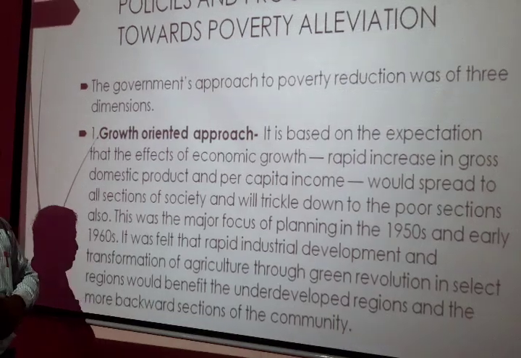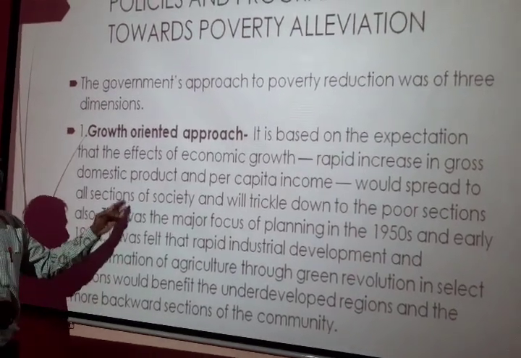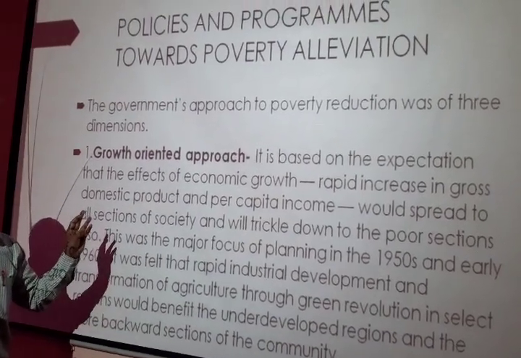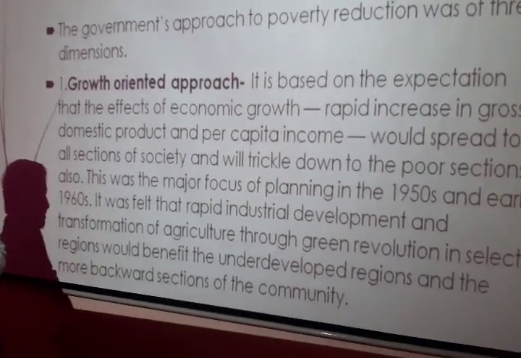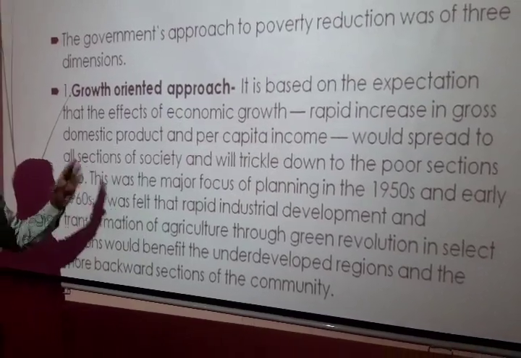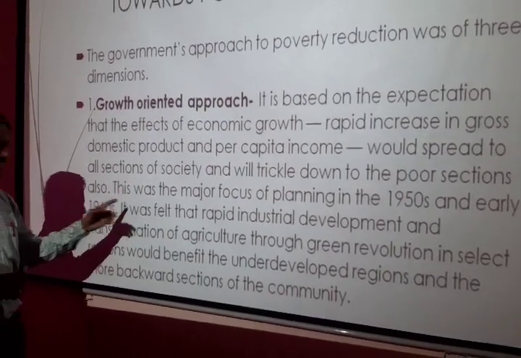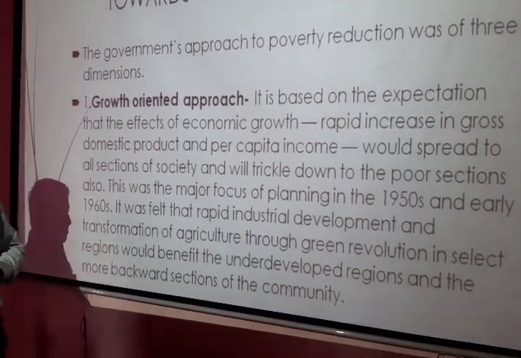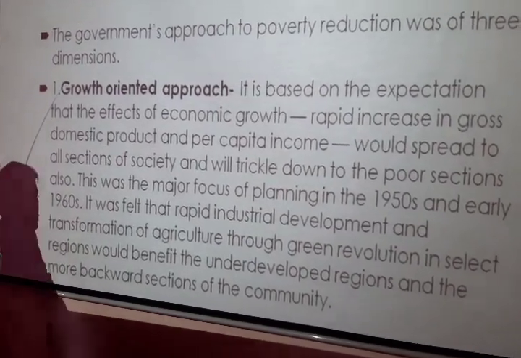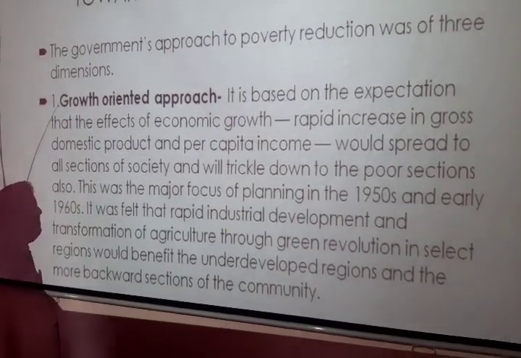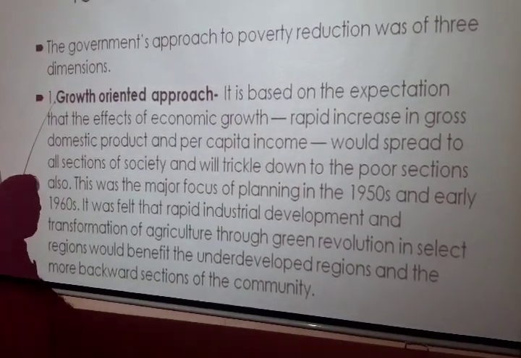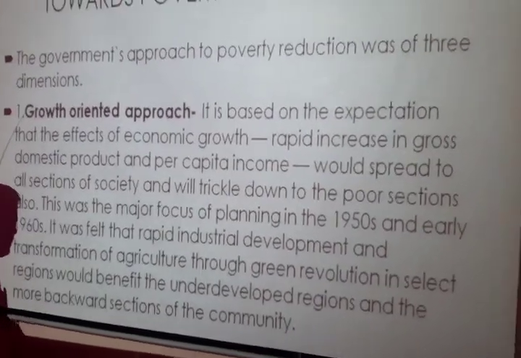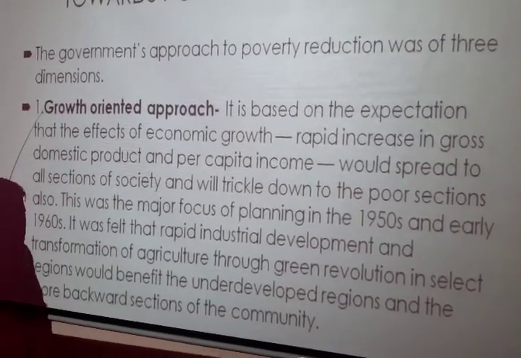GDP of the economy. You know GDP consists of the contribution of three sectors: primary, secondary and tertiary sectors. If the government improves the primary sector, that is the agriculture sector, the secondary sector, that is the manufacturing sector, and then the service sector, then we can increase the growth rate and ultimately achieve the target of reducing poverty. So how to improve the agriculture sector?